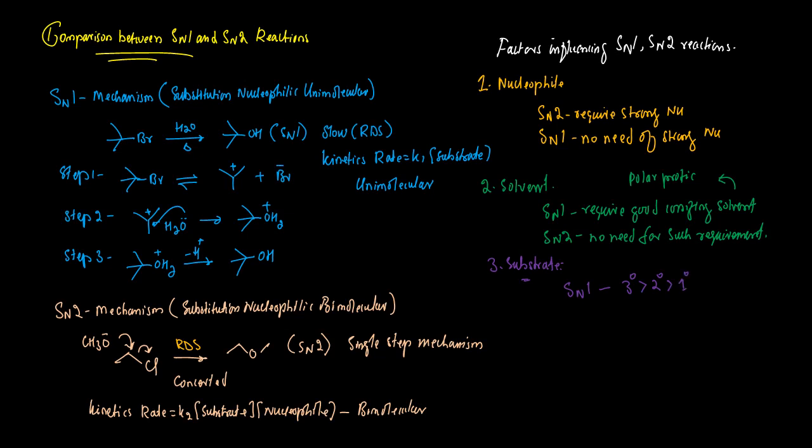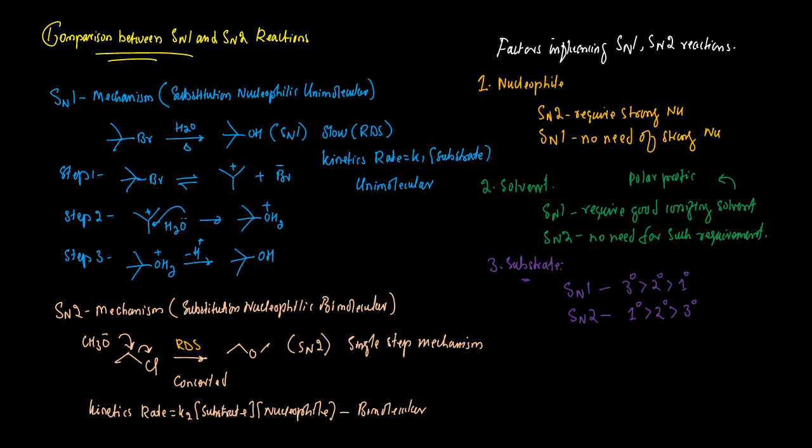And as far as the SN2 reaction is concerned, which involves a backside attack by the nucleophile on the substrate for expelling the leaving group, the order of reactivity is reverse with respect to the SN1 reaction. Usually the SN2 reaction takes place faster in primary than secondary, and there is no SN2 reaction at tertiary substrate.